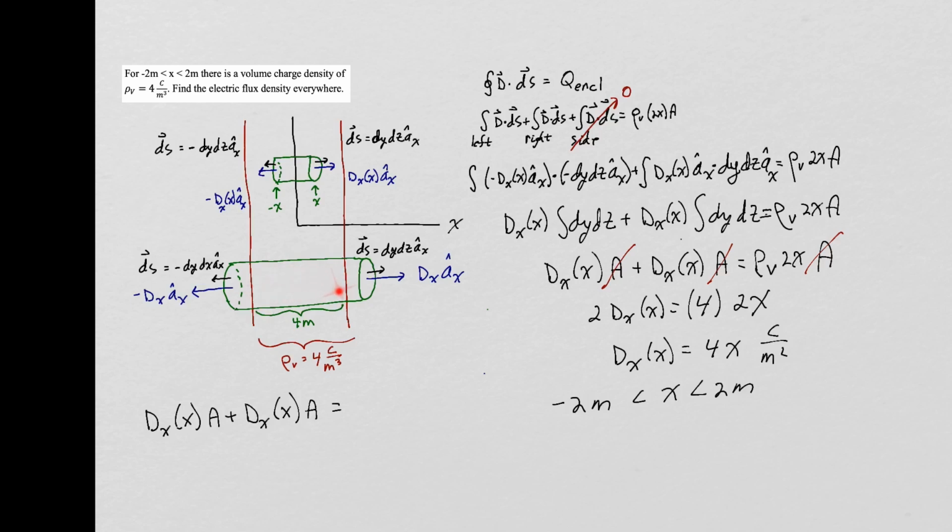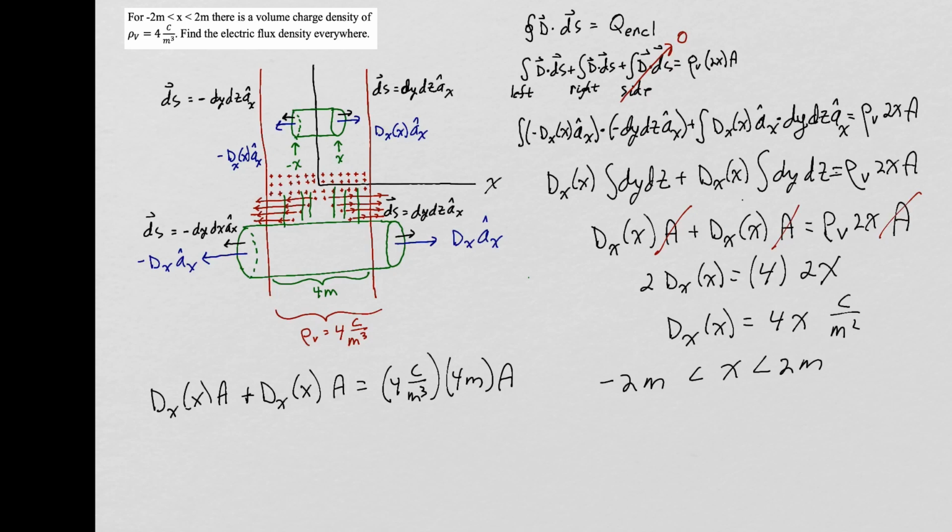So that will be the volume charge density of 4 coulombs per meter cubed times this length, which is 4 meters, times the cross-sectional area of our Gaussian surface A. Let's divide both sides by A, and this meter will cancel with one of those.